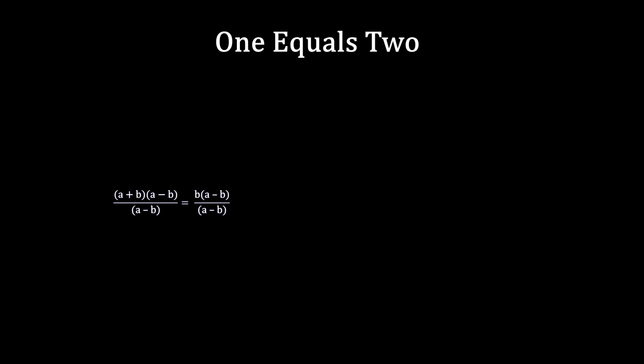This happened because we divided both sides of the equation by a minus b, which equals 0. In this way, dividing by 0 is like a box of chocolates. You never know what you're going to get. A closer look at the number 0 will explain why.